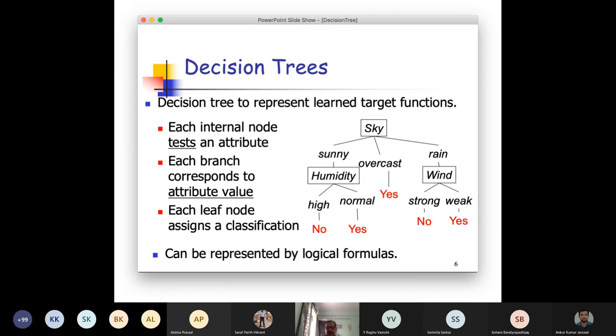But we can also use it in the form of concepts, that means conjunctions form of concepts. For example, in this case, this could be represented in this form also. This is a concept you have learned. So each conjunction is a concept, and the disjunctions of these conjunctions are shown here. Hope it is clear to you.